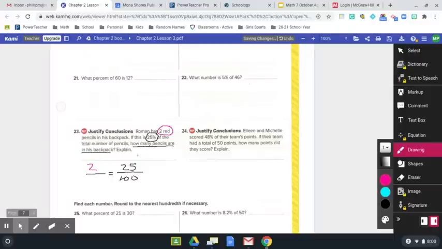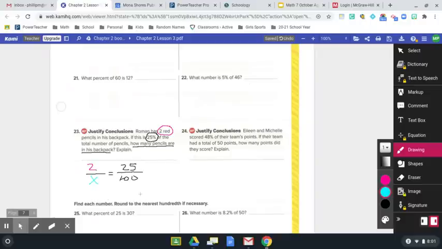You don't know the whole. You're not sure of the total amount. So you're missing the whole amount in the denominator. So 2 is to X. We don't know the total number of pencils, but we do know that the 2 red pencils is 25% of what he has in his backpack.